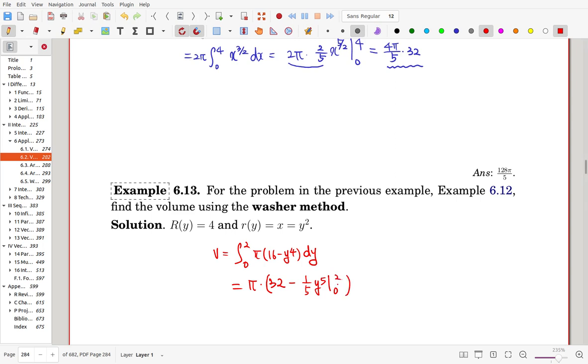That is pi times 32 minus, when y is 2, 32 over 5. Once we factor 32 out, it is 32 pi times 1 minus 1 over 5, which is 4 over 5. So the values are the same. You get the same answer.